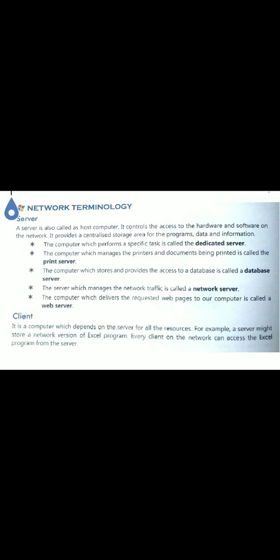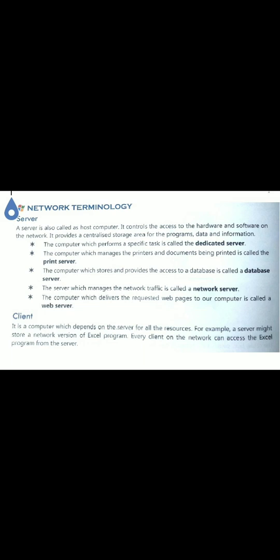In network terminology, a network refers to things connected to each other for a specific purpose, and the terminology is used for how we can do this specific task. In this network terminology, there are two main parts that can perform a particular task.